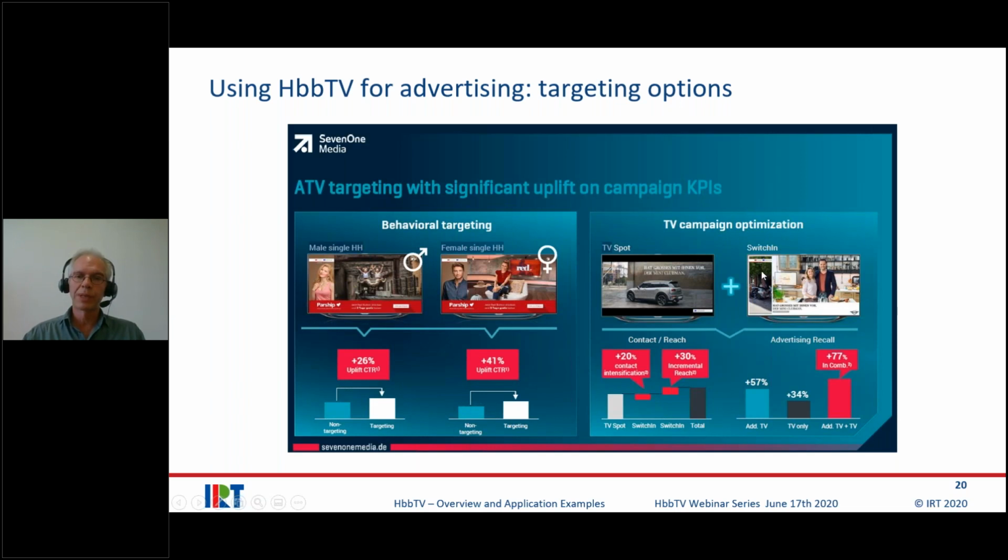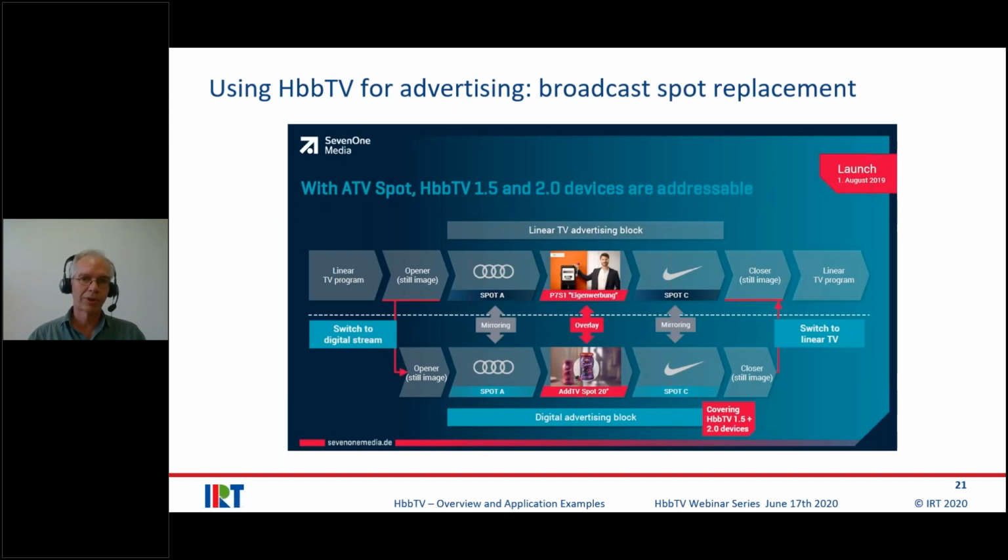You can do some targeting of HbbTV ad banners also related to TV spots which have already been seen, to re-emphasize the message by bringing exactly those ads here as a banner which have before been seen in the linear broadcast. And as an ultimate step, HbbTV can even address the very fundamental business model of free TV.